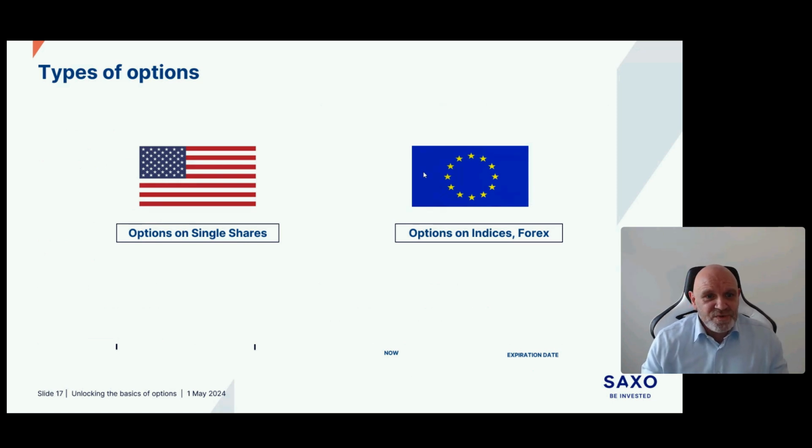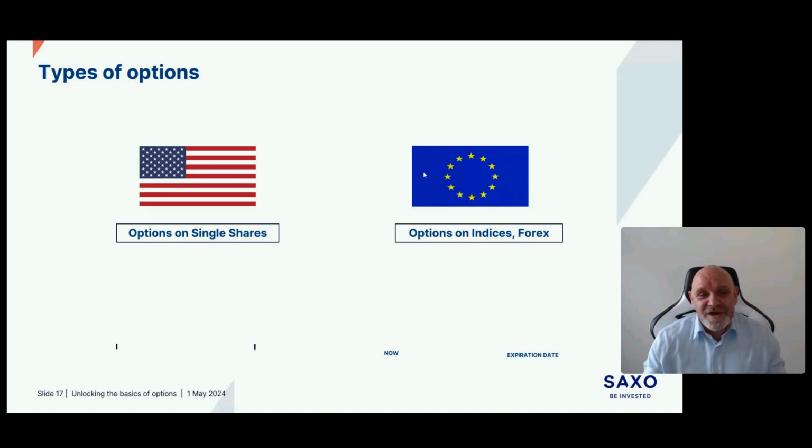There is one distinction we have to shortly cover. You have American style options and European style options. What does that mean? A lot of people think that American and European style options have to do with geography, which it doesn't.